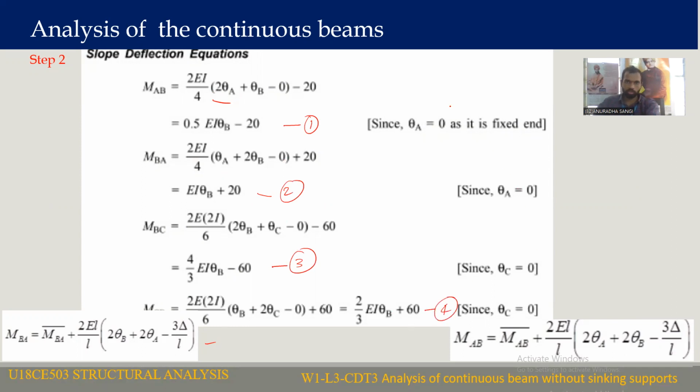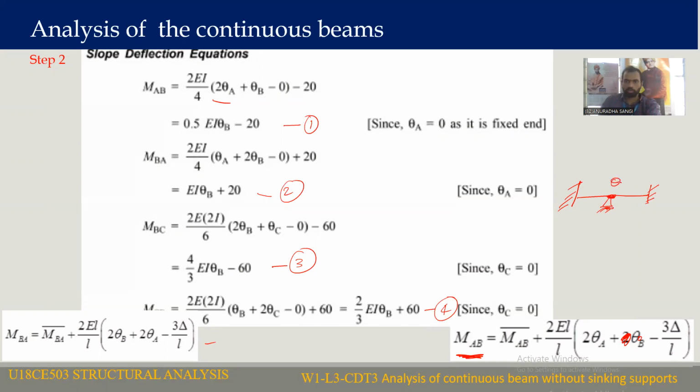The slope deflection equation for the final moment MAB will be equal to MFAB plus 2EI by L times (2 theta A plus theta B minus 3 delta by L). In the given figure, the two extremities are fixed, and the middle joint is a roller support.